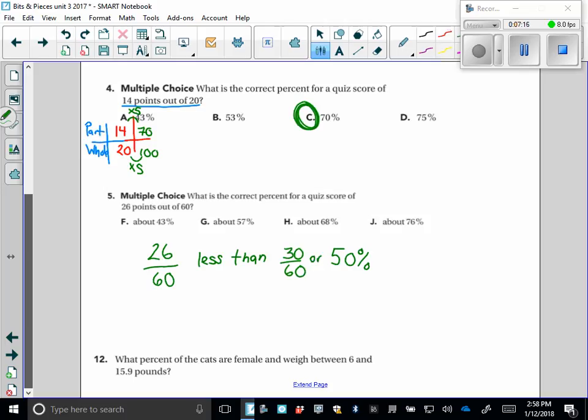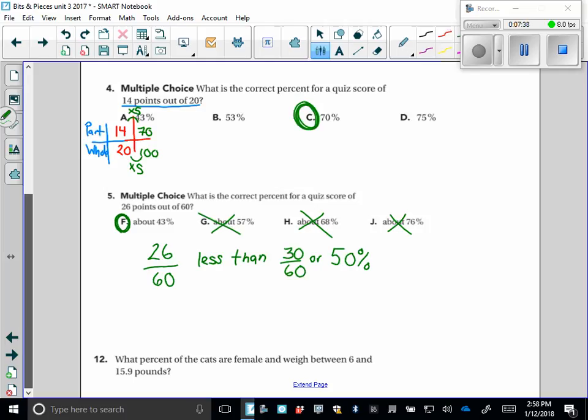Do you see that? So it can't be G, because we know it's less than 50%. What else? Well, less than 10%. That's right. So it has to be this one. The only one that's less than 50%; all of these are more than 50%.